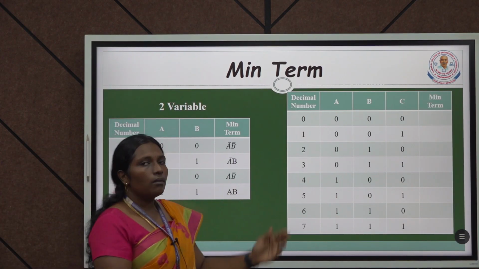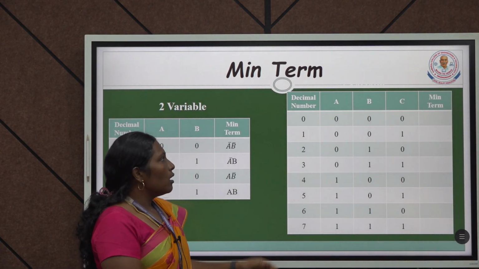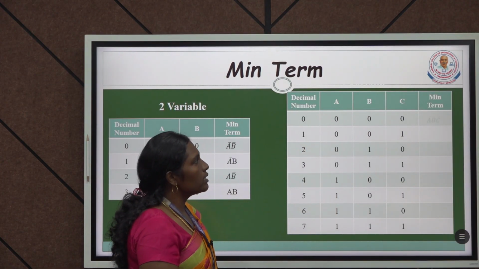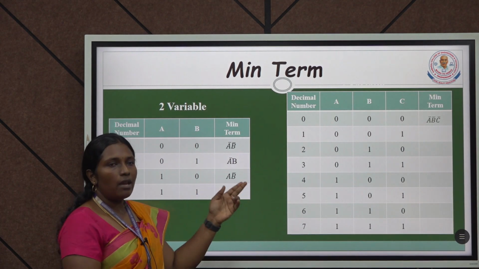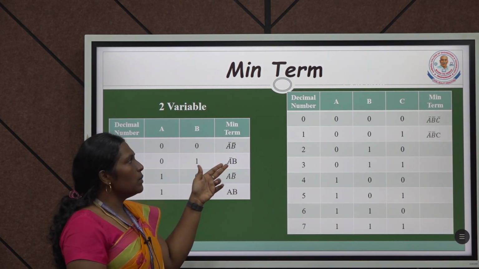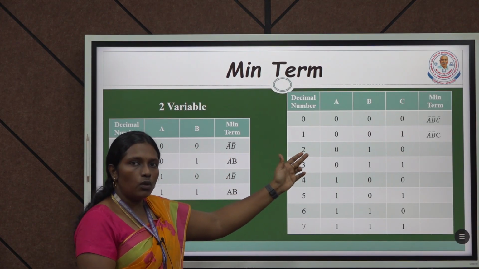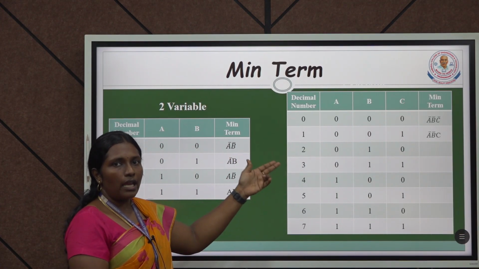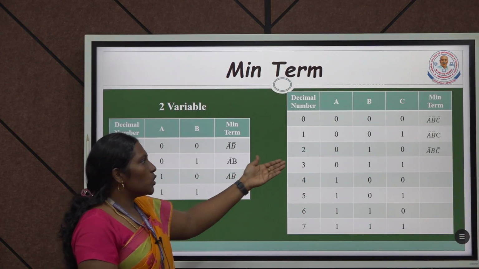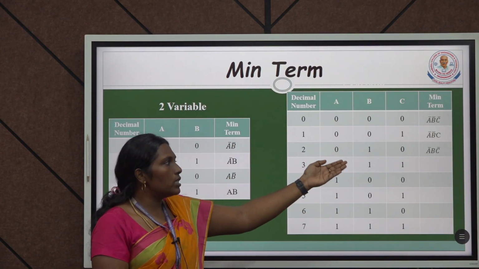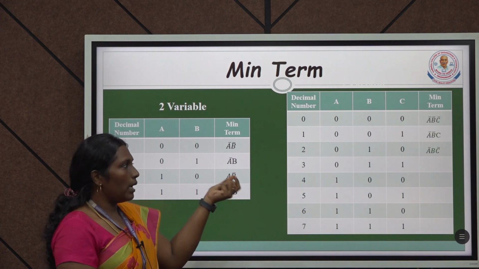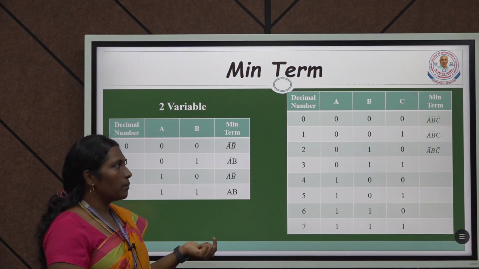Similarly, for the 3 variable, we have 0, 0, 0 as input, so it is mentioned as a bar, b bar and c bar. For the decimal number 1, that is 0, 0, 1, it is a bar, b bar, c. For 2, 0, 1, 0, where 0 is in complemented form, it is a bar, b, c bar.